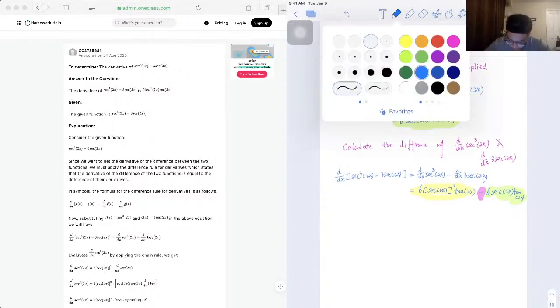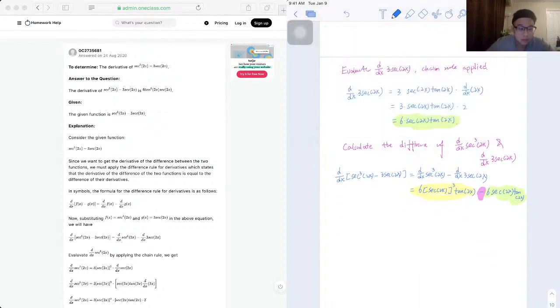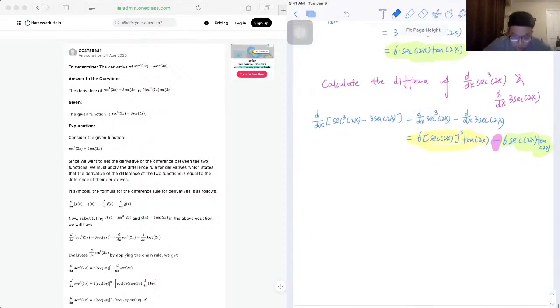So now we can do the calculation. So we take the common factor. So it will become 6 secant 2x tangent 2x times secant 2x squared minus 1.